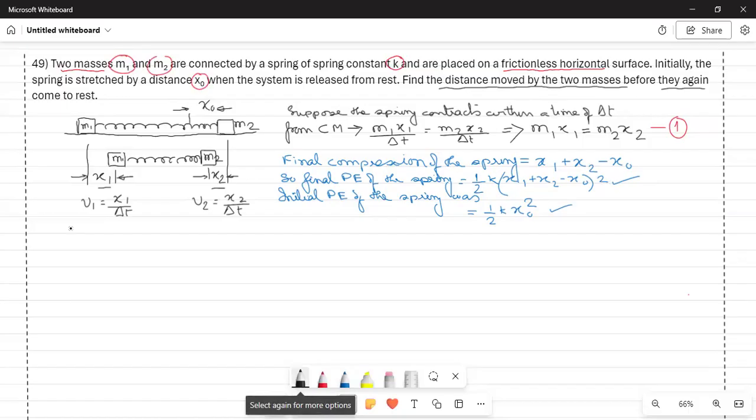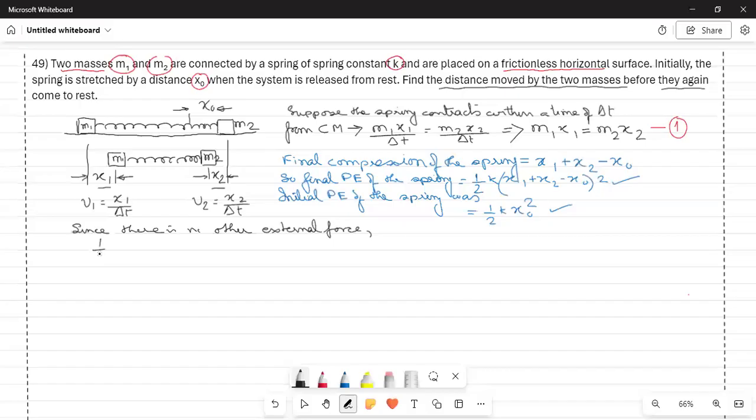So half k x0 square will be equal to half k into x1 plus x2 minus x0 whole square.